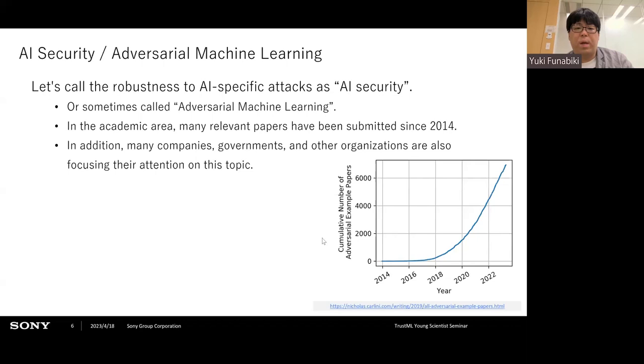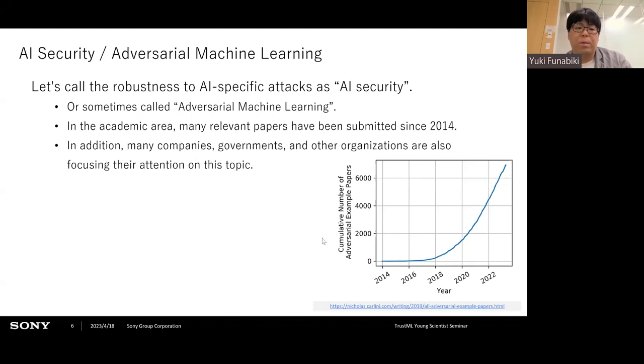In the academic area, many relevant papers have been submitted since 2014. A very famous researcher, Nicholas Carlini, manages a list of papers related to adversarial examples and adversarial machine learning. For now, there are over 6,000 papers, and this is a very hot topic area in the AI and machine learning field.